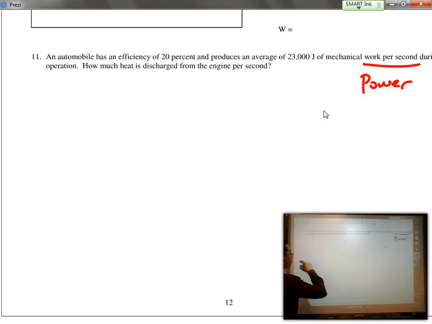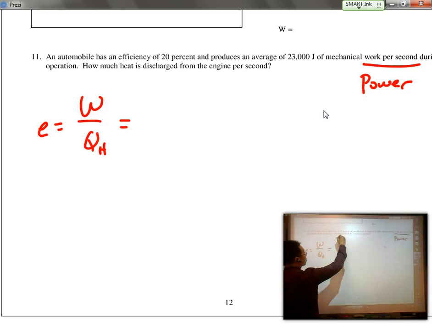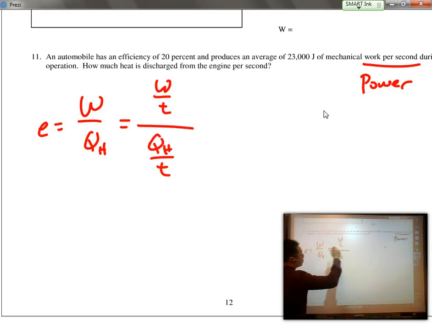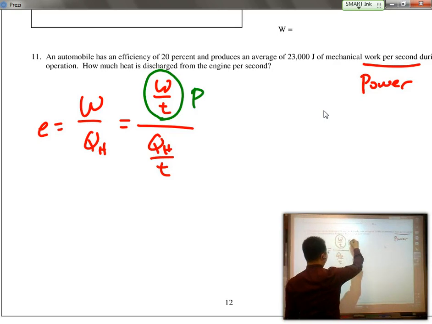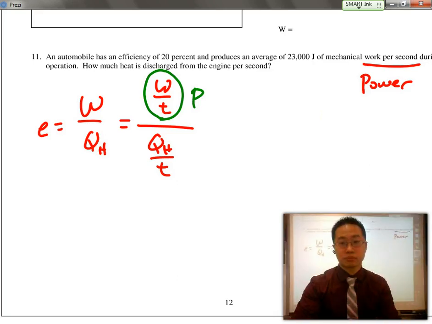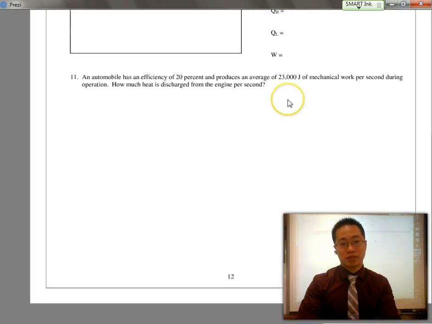So what I could have written also was efficiency is equal to work over QH, but it's also equal to work over time divided by QH over t. So when we talk about work per second versus heat input per second, sometimes rather than using work over time, they're going to simply write that as the power done. And when we do some AP questions later, we'll see how it can be substituted in. But it still ends up being the same exact formula.